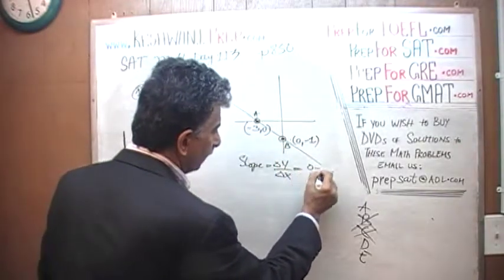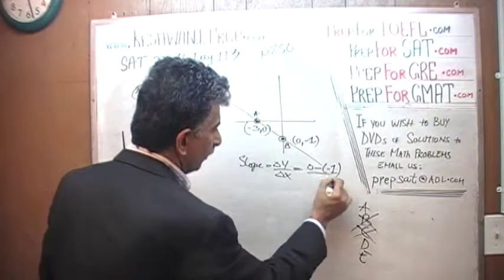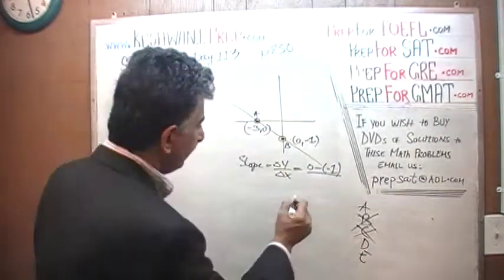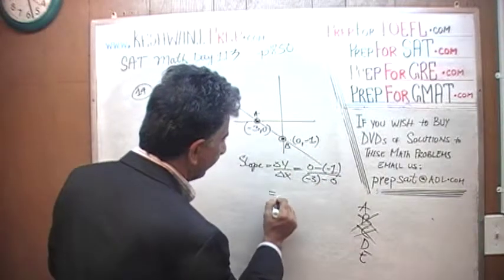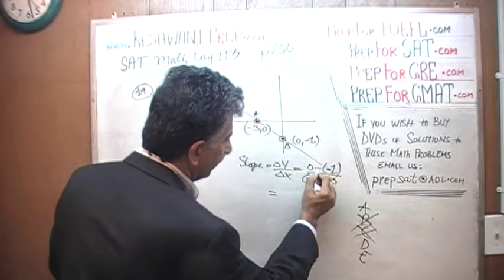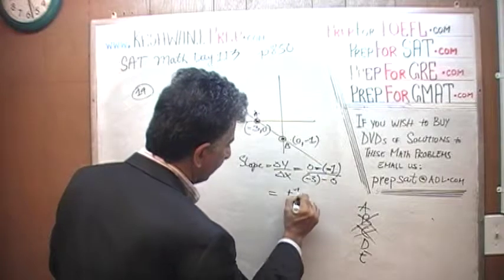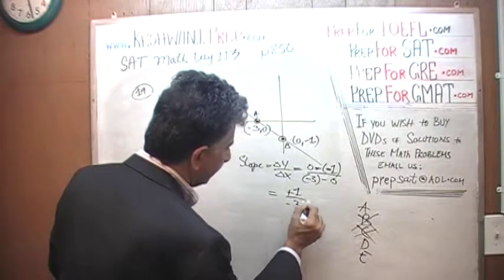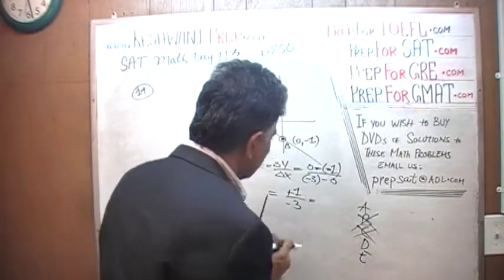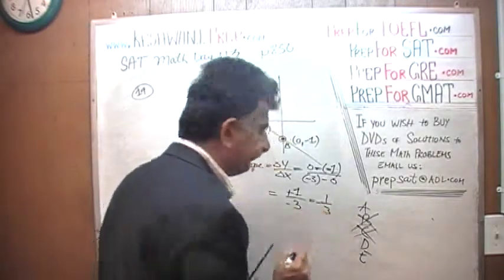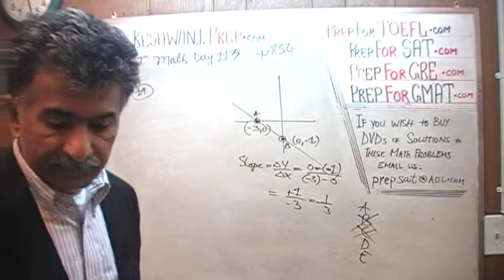So it's 0 minus -1 over the value of x, which is -3 minus 0. So we have +1 over -3, which is -1/3.